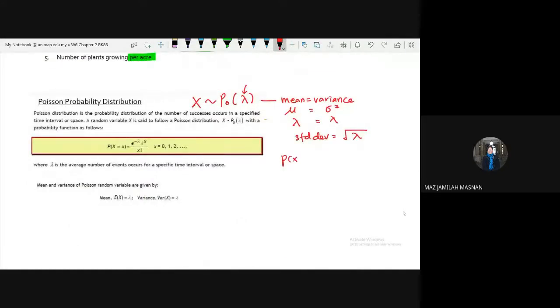P of X equals x is equal to e to the power of negative lambda, lambda to the power of x, divided by x factorial. So this is your formula for finding your exact probability. That is the simplest of Poisson.